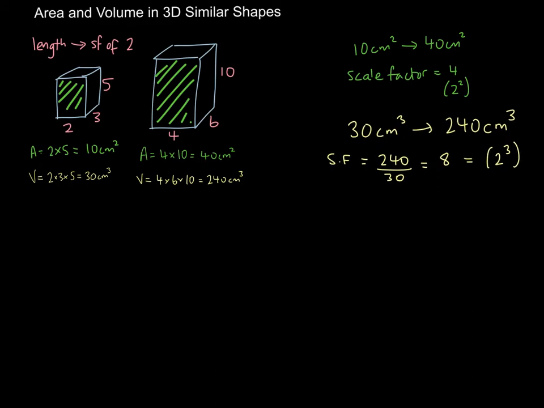Again, that makes sense because to get a volume, I'm multiplying 3 dimensions together. Each of those dimensions has been enlarged by a scale factor of 2: the 2 has been multiplied by 2, the 3 has been multiplied by 2, the 5 has been multiplied by 2. So the volume in the bigger cuboid is the original multiplied by 2 cubed.